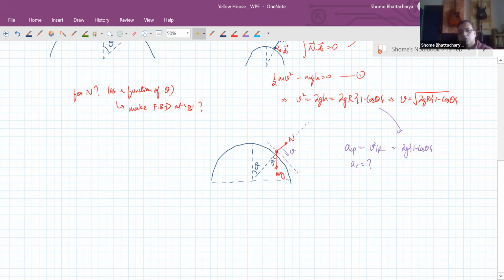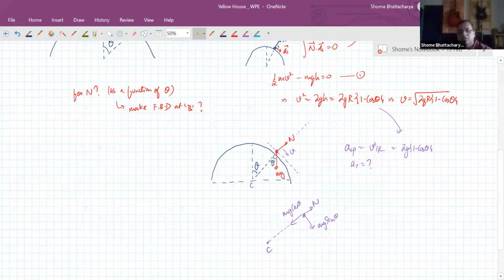Now resolve the forces in the centripetal direction. You have mg sin theta as the tangential component of mg, and mg cos theta is the radial or centripetal component. It's pointing towards the center of the circular motion.